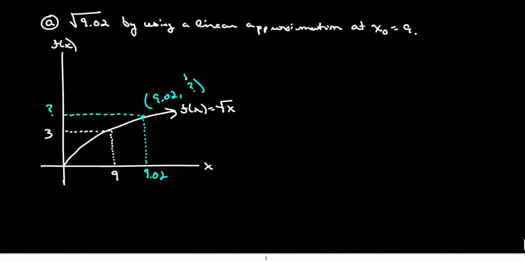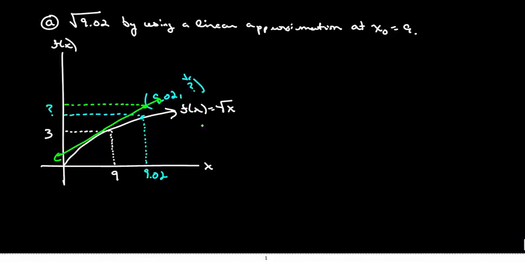This is the guy that we're getting an approximation for. So what we're going to do is take our tangent line, put it in there. Now that linear approximation is going to overestimate what the square root of 9.02 is.